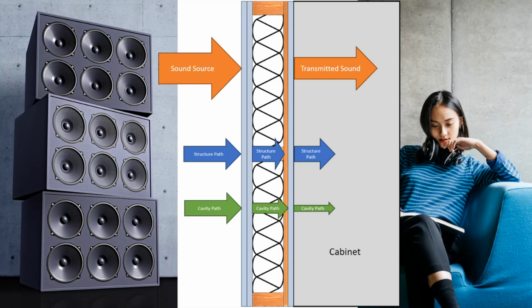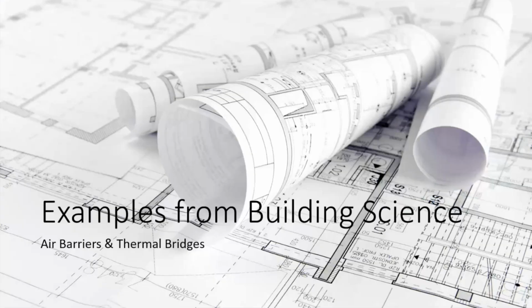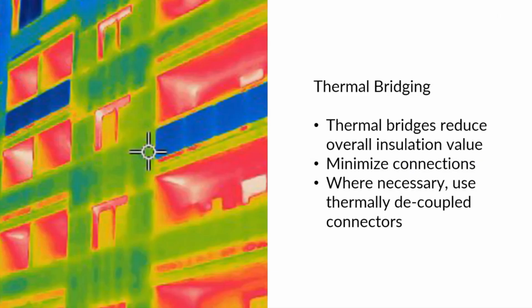So when you think about these structural paths and these cavity paths, maybe for an analogy to help understand this, we can think about this in terms of some other areas from building science, like air barriers and thermal bridges. So a thermal bridge reduces your overall insulation value.